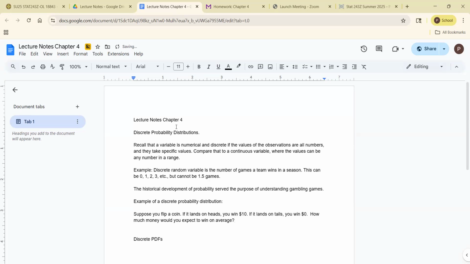This is the classic discrete probability distribution. It is a discrete random variable because the two values are 10 and 0. Those are numerical values, and they are the only possible values. Can't be $1, can't be $8.7. It's either 10 or 0.